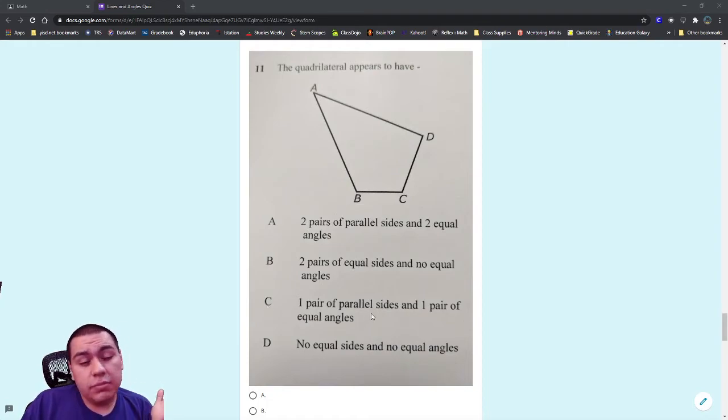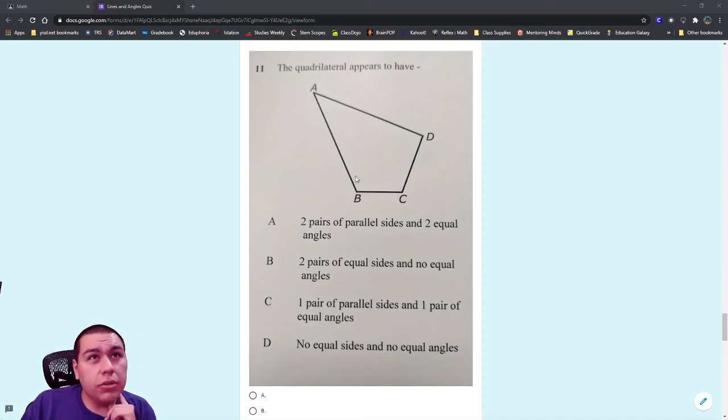Answer choice C talks about parallel sides again. I can't pick that one. There's no parallel sides. All of them are going to run into each other. Which only leaves one answer choice. D. No equal sides, no equal angle.